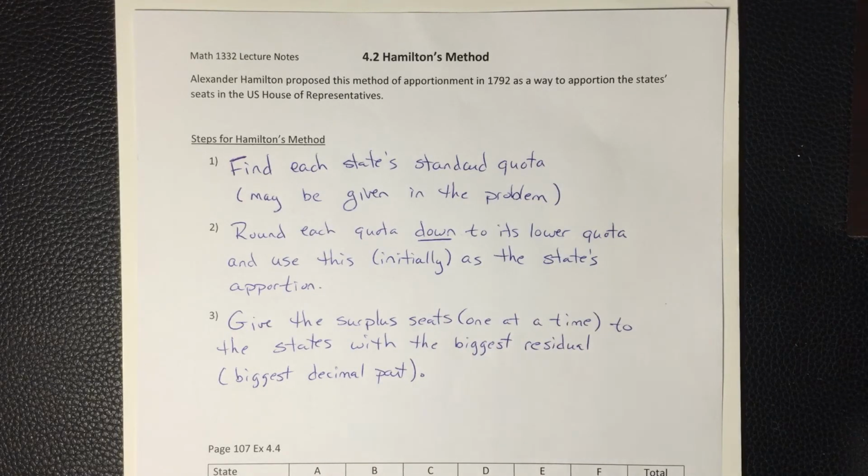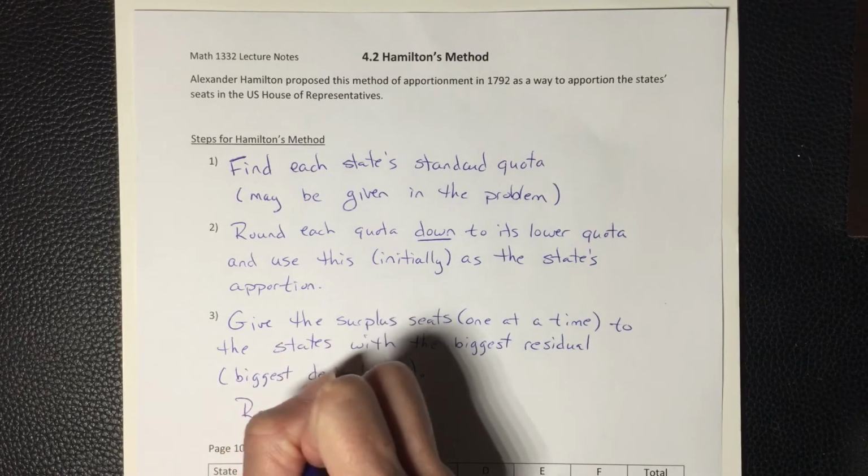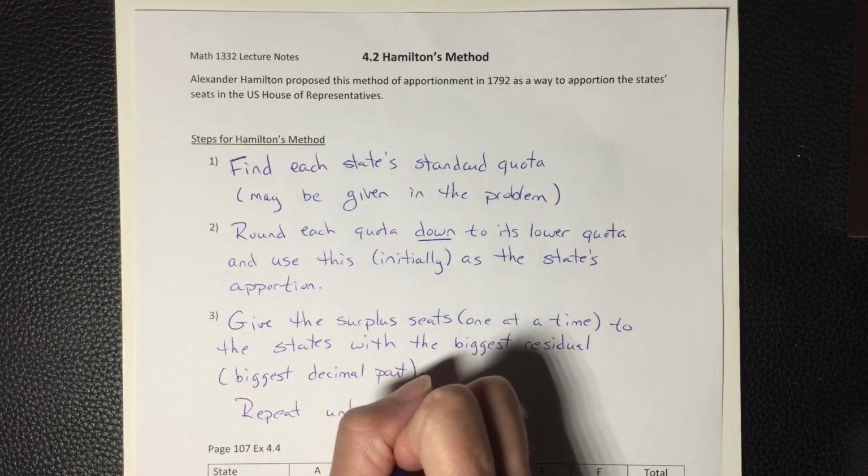Okay, so whichever one has the biggest decimal part, we are going to give that seat away first. Then we are going to repeat until no seats are left.